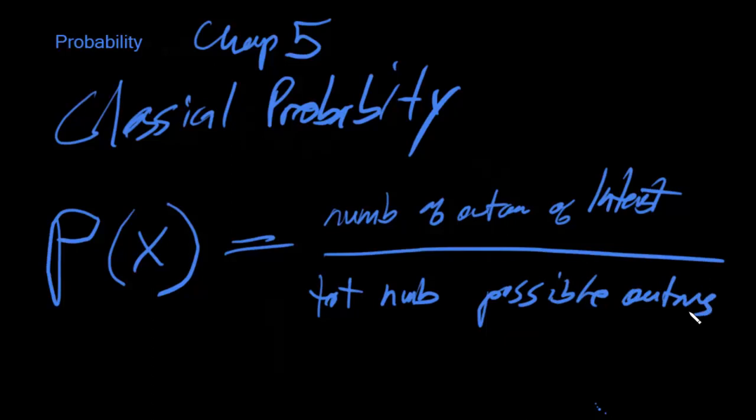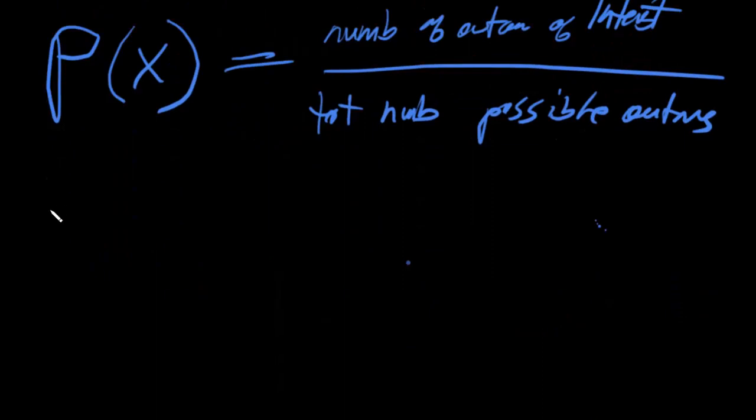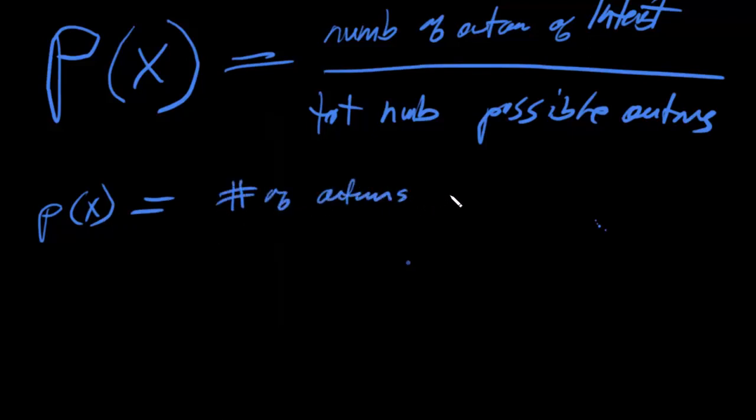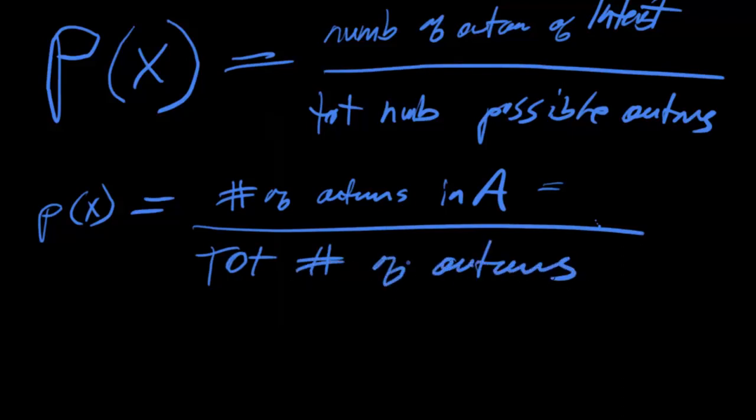Let me put this in a different way. Your book, for example, is going to have this as the probability of any classical probability calculated is the number of outcomes in set A, and set A represents the outcomes of interest. So it's the same thing over the total number of outcomes. And we're just going to do one over the other.